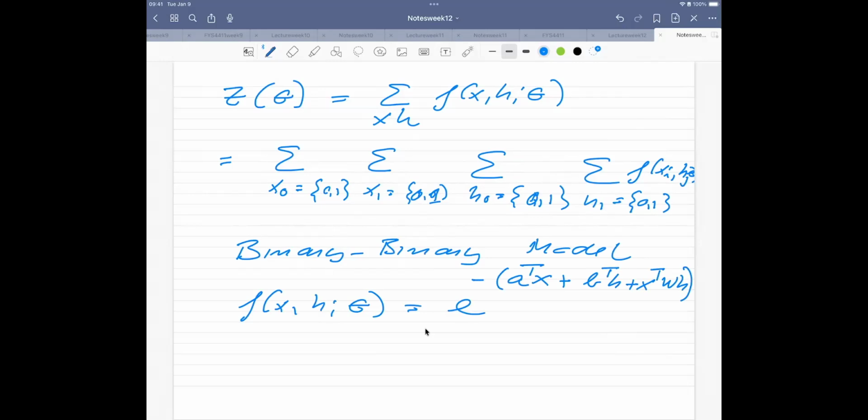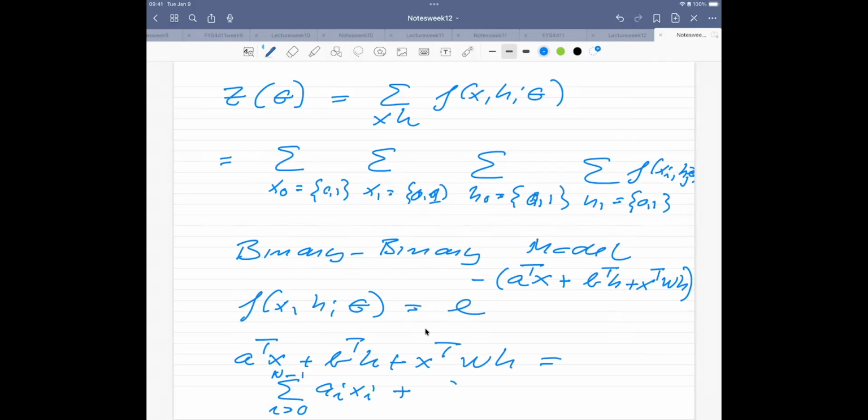And this function a^T x plus b^T h plus x^T W h is the same as a sum over i equals 0 up to n minus 1 of a_i x_i plus a sum over j equals 0 up to m minus 1 of b_j h_j, and then finally a sum over ij of x_i w_ij h_j.